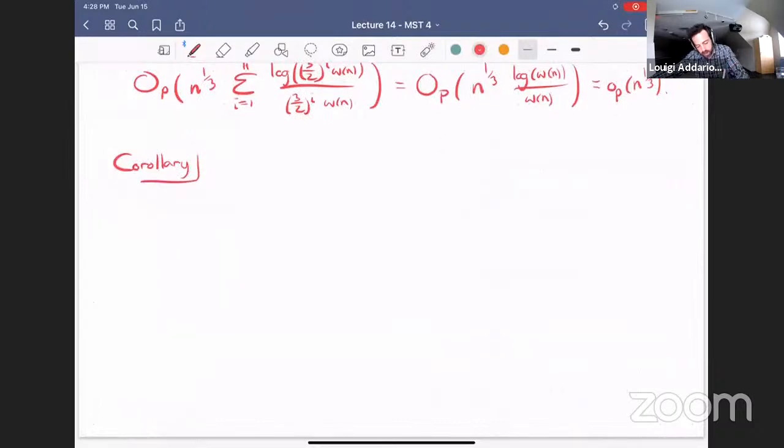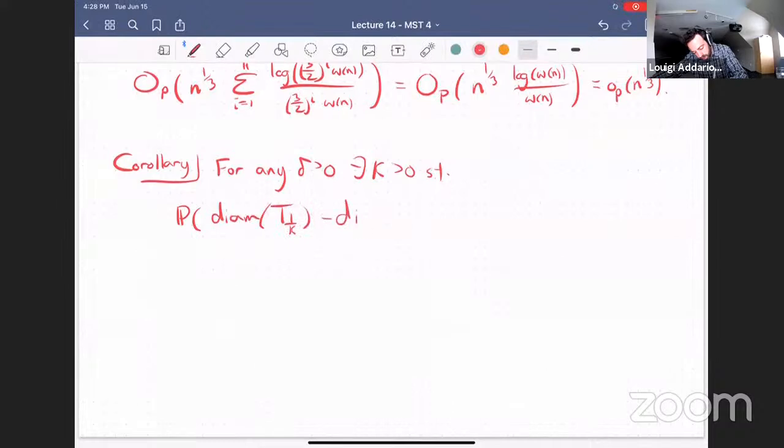This implies that for any delta greater than 0, there's k such that the probability that the difference in diameter between time 1 over k and time k over n to the third is bigger than delta n to the third is less than delta.